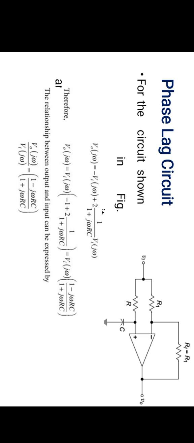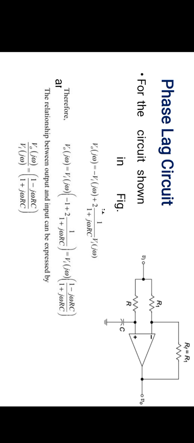For the circuit shown in figure, V0 of j omega equal to minus Vi of j omega plus 2 into 1 by 1 plus j omega RC Vi of j omega. Therefore, V0 of j omega equal to Vi of j omega into minus 1 plus 2 into 1 by 1 plus j omega RC.